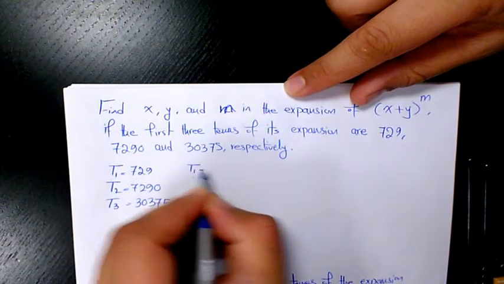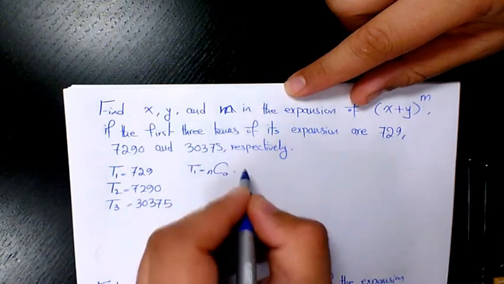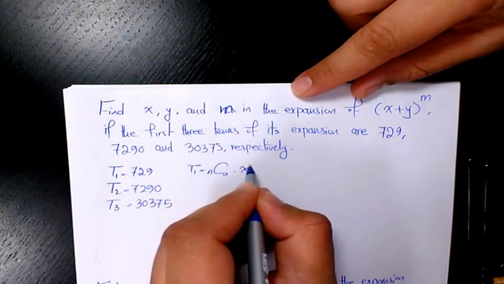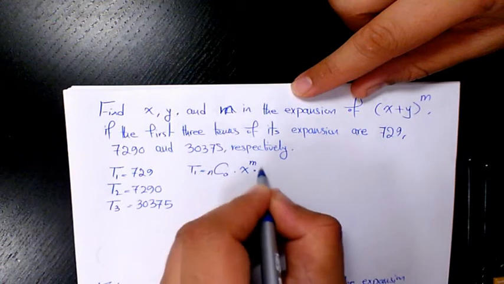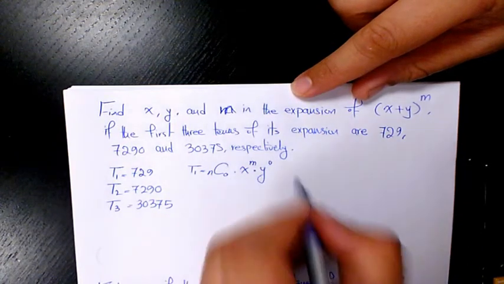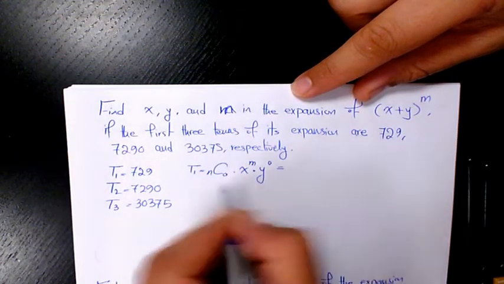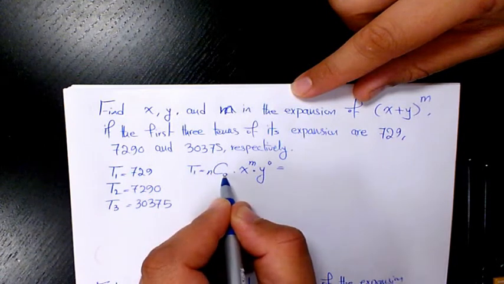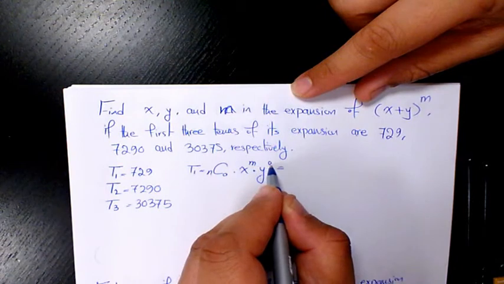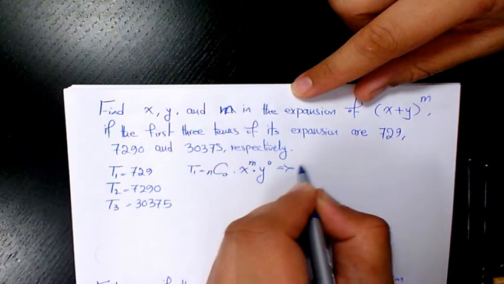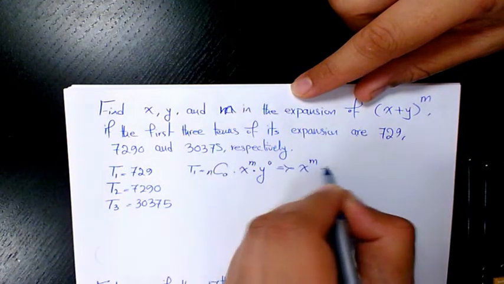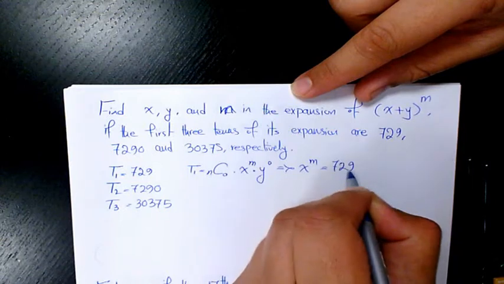T1 is mC0 x to the power of m y to the power of 0. mC0 is 1, y to the power of 0 is 1. It means that x to the power of m is 729.